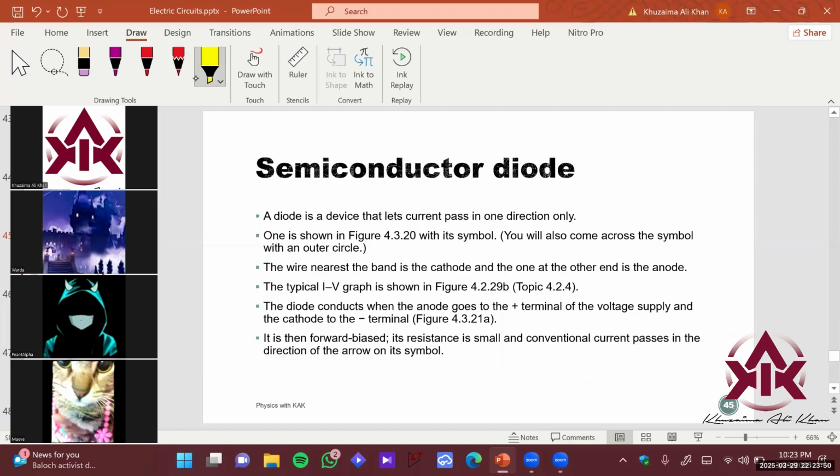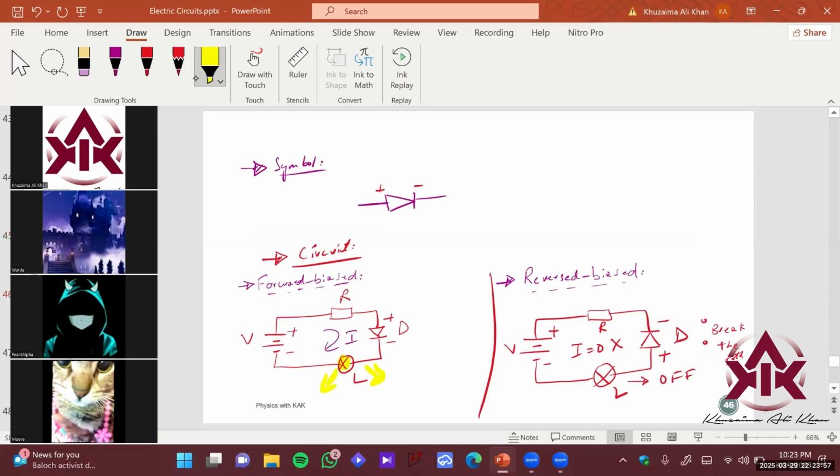So the diode is a device that basically lets current pass only in one direction. That makes sense, right? If you have, let's say, current flowing from positive to negative, it allows current to flow only when it is matching the polarity of the battery here, right? When the positive is the same as the positive of the diode.